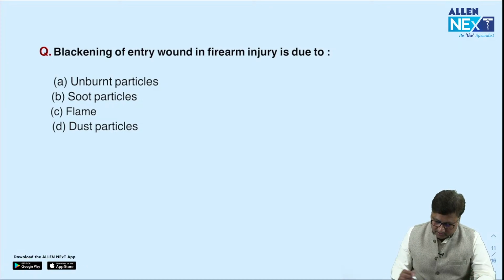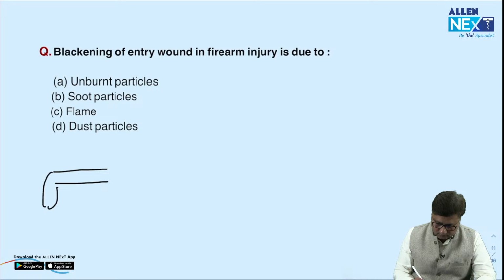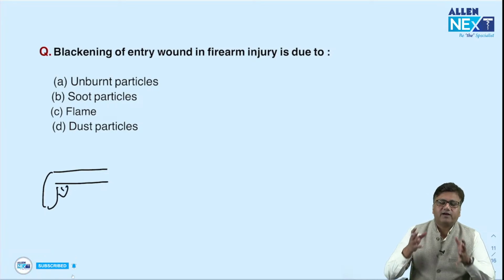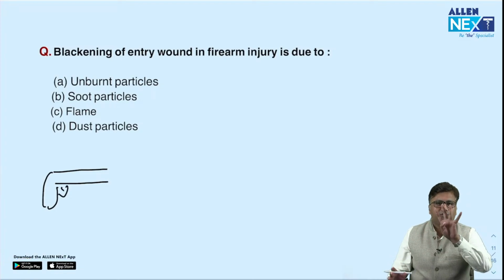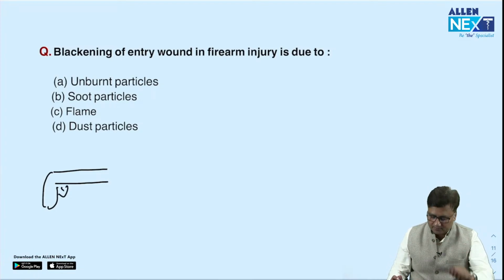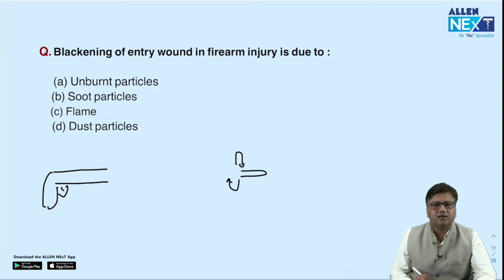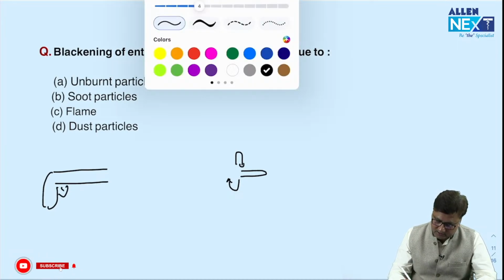ओके, सो एक बार ही ना लेट्स ड्रॉ ए फायर आर्म. ओके, सो वी टॉक अबाउट दिस इन आवर क्लास ऑल्सो दैट वेन एवर अ फायर आर्म इज डिस्चार्ज्ड, there are four very important things that come out of the barrel. The first thing is the bullet itself, the bullet which is revolving on its axis, and when this bullet pierces the skin, it produces a hole in the skin.